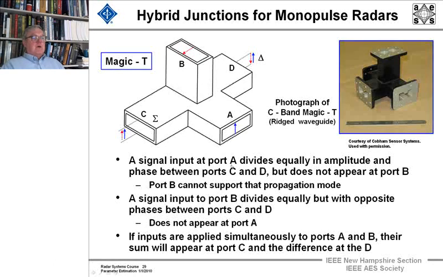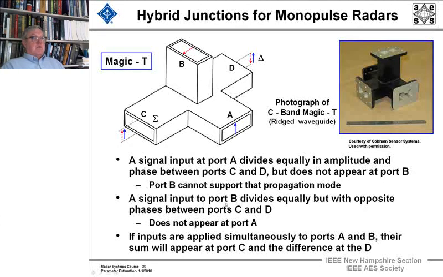The signal input at port A, right here, divides in amplitude and phase between ports C and D, but does not appear at port B. Port B cannot support that propagation mode that it went in, this vertical mode.